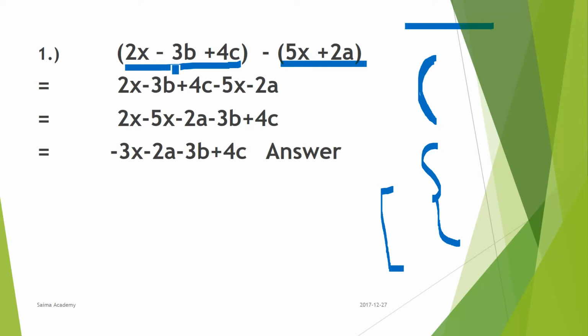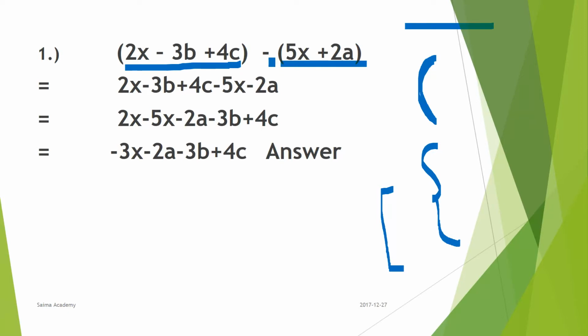So very easy question. First of all you have to see if we have the same basis here, so we can simplify it, but there is x, b, and c. So we will write down as it is, 2x minus 3b plus 4c, because we cannot simplify anything inside the parenthesis.